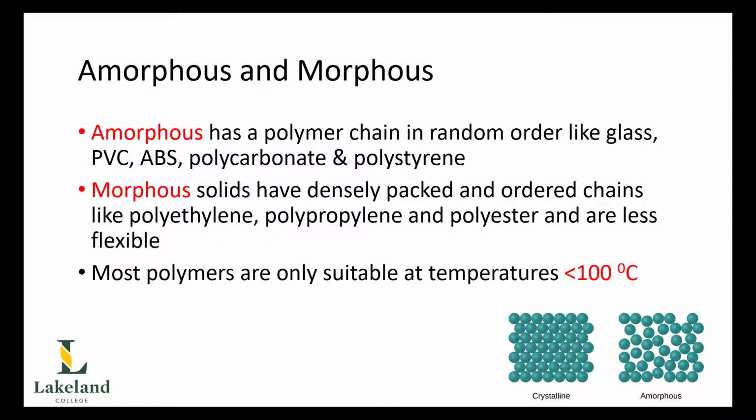The classic amorphous solid you generally learn about is glass. Other examples, of course, are PVC or ABS, which are probably things you've heard in the plumbing world. So the thermoplastic, i.e. the PVC, is an amorphous solid, for example. Other examples include polycarbonates and polystyrenes.